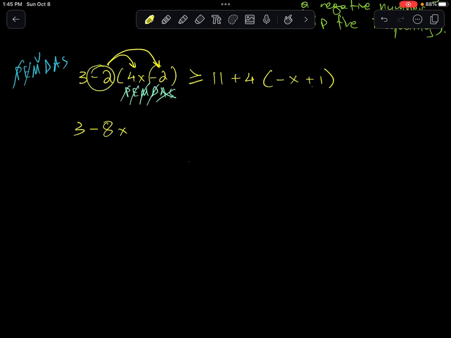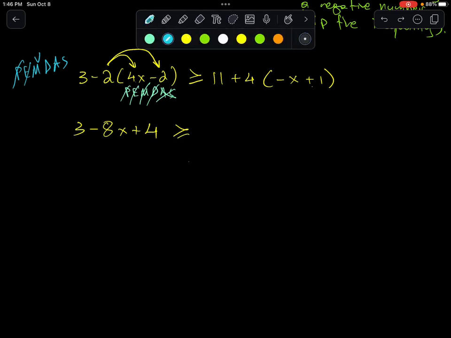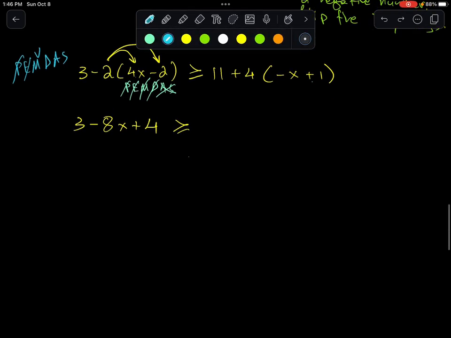Then negative 2 times negative 2. Negative times a negative is a positive. 2 times 2 is 4. So I have 3 minus 8x plus 4 applying PEMDAS to the left. The sign is going to drop. Let's see what I'm going to put there. I'll see what happens after I apply PEMDAS to the right.